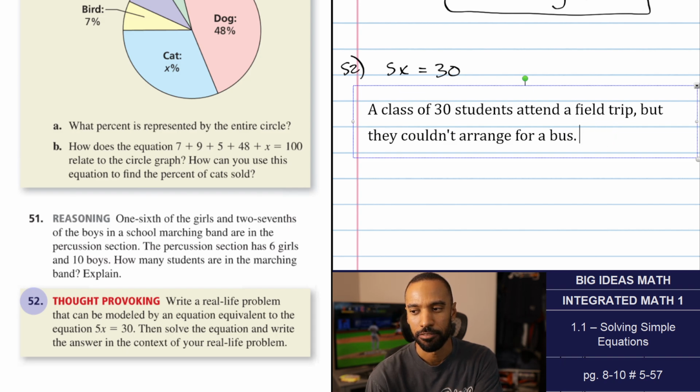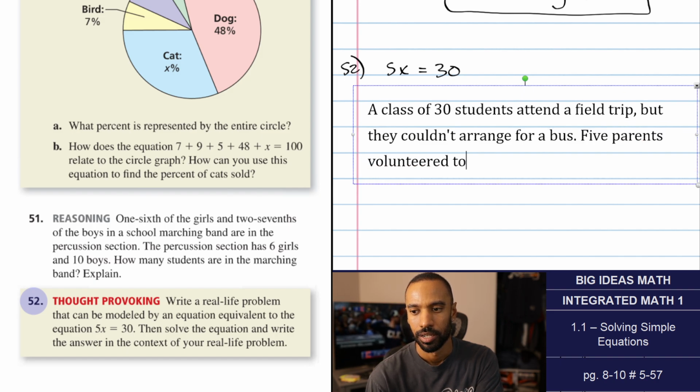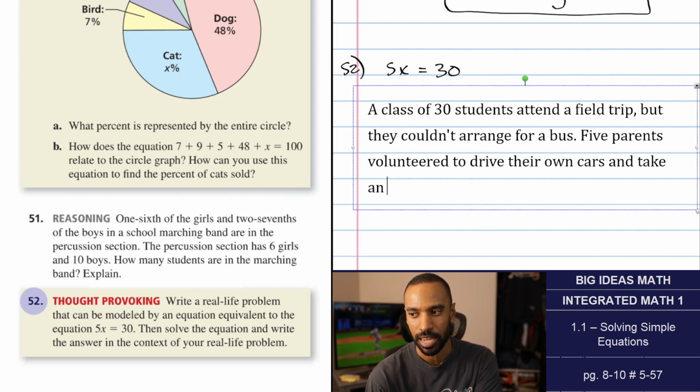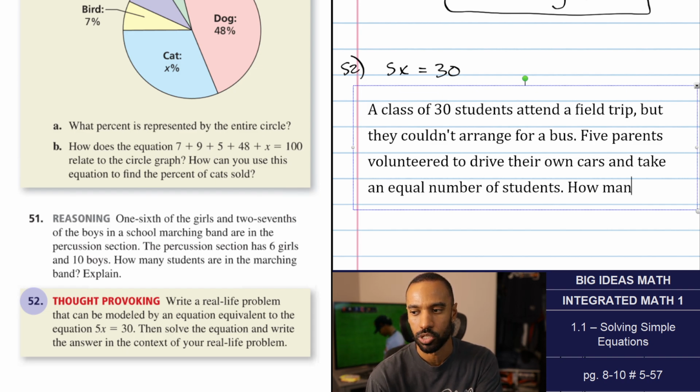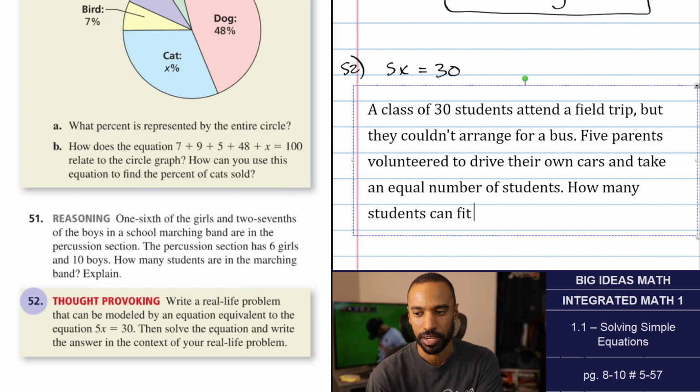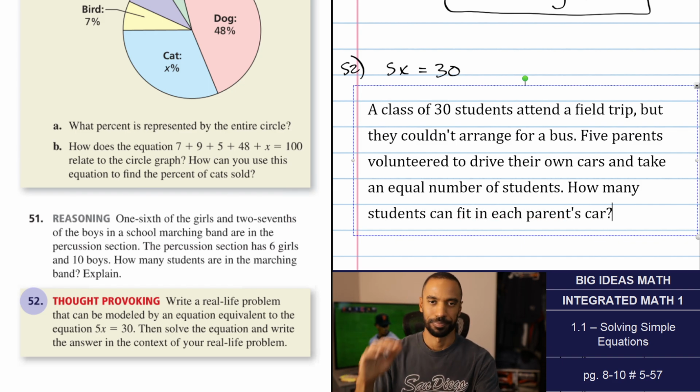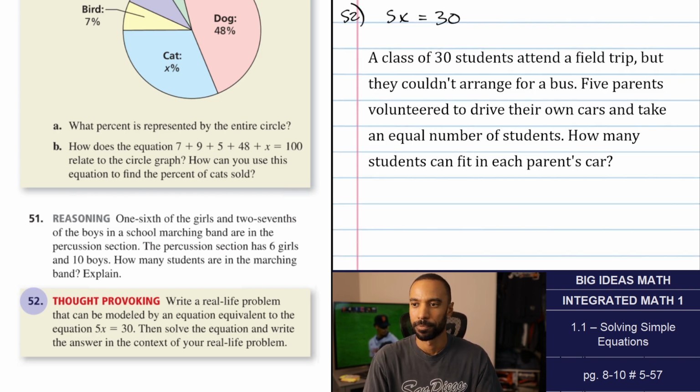Five parents volunteered to drive their own vans, their own SUVs, their own big cars, and take an equal number of students. How many students can fit in each car? In each parent's car. There you go. Okay, so 5x equals 30 is the setup.